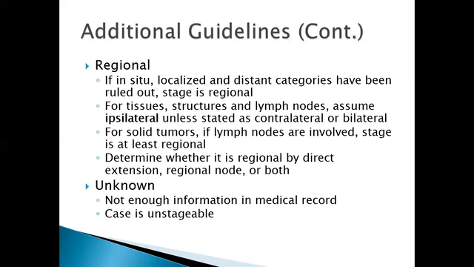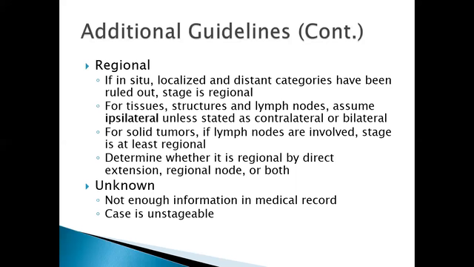All right, and then for regional stage, you need to determine whether it is regional by direct extension, regional lymph nodes, or both. Okay, remember that you can have a tumor confined within the organ of origin with positive lymph nodes.